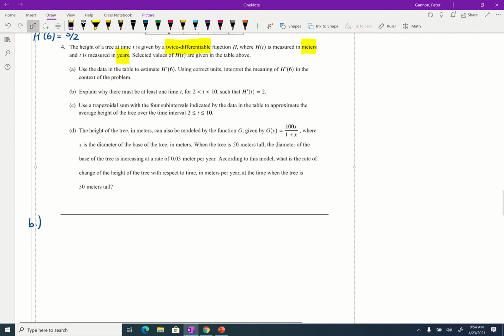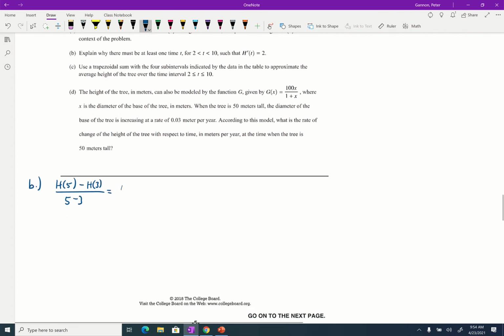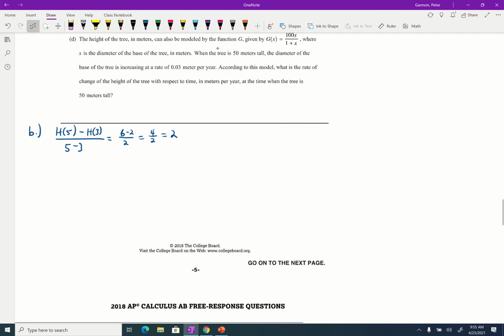If we take h of 5 and we subtract h of 3, we end up with 6 minus 2 divided by 2, which is 4 divided by 2, or 2. All right, and basically, since h of t is differentiable, it is also continuous.